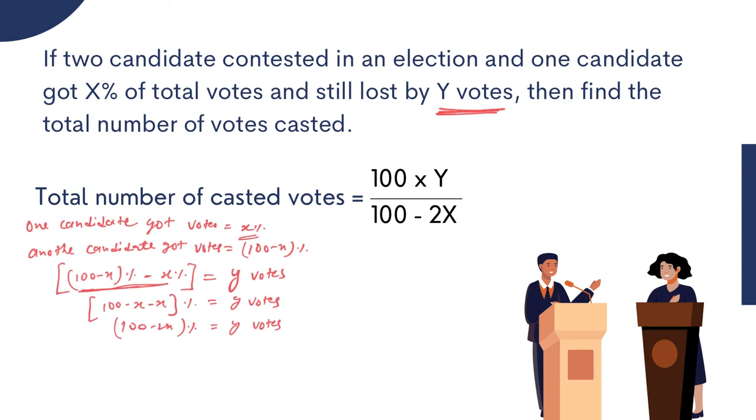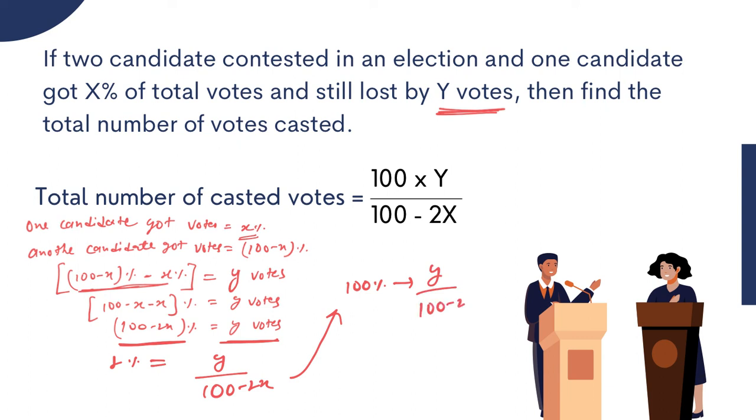If 100 minus 2X percentage equals Y votes, then 1 percentage equals Y divided by 100 minus 2X, or 100 percentage will be equal to Y divided by 100 minus 2X into 100. This is my formula.